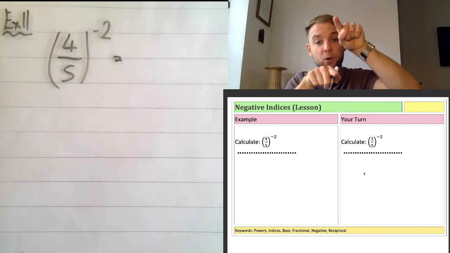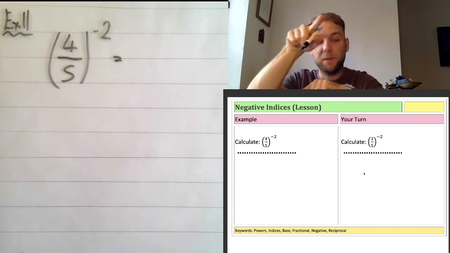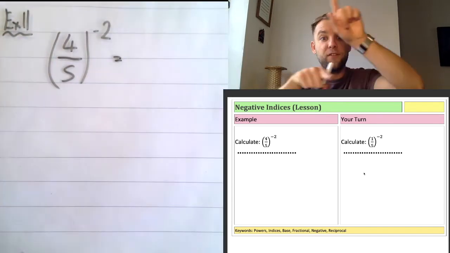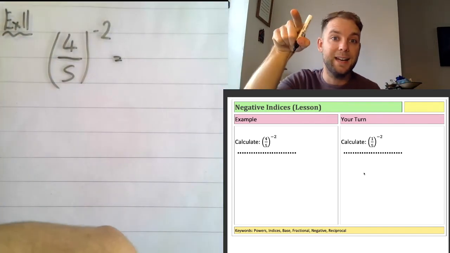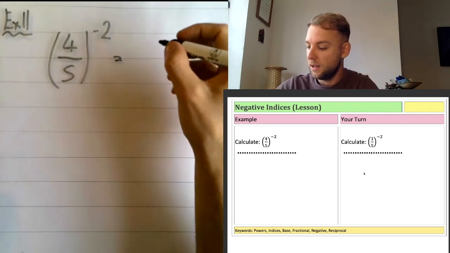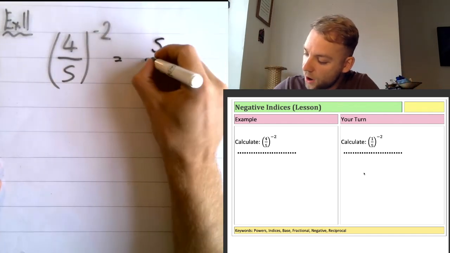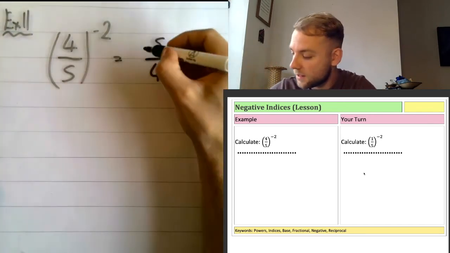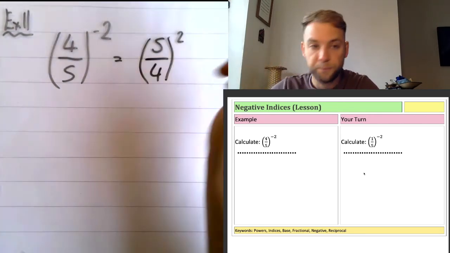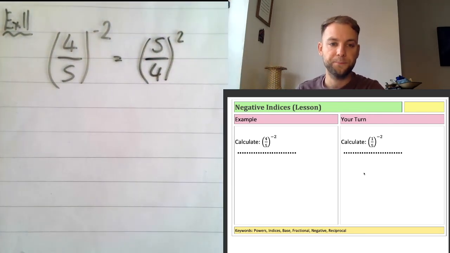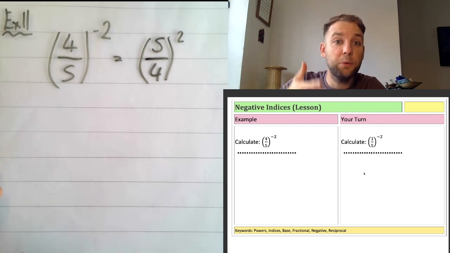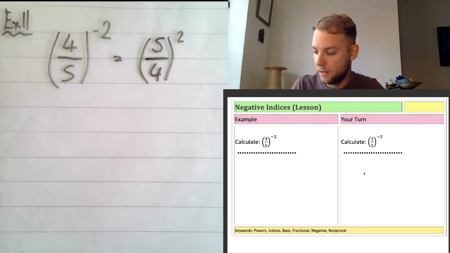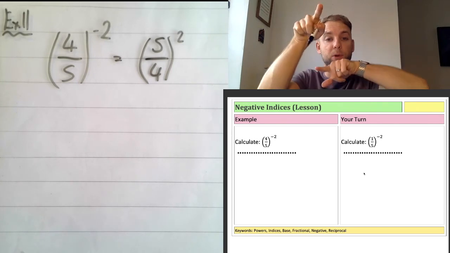So the first thing I do is flip the fraction and get rid of that negative. So this is going to be 5 over 4, flip, to the power of 2. And then I deal with the power of 2. It's very similar to what we were doing before. We do the reciprocal, then we do the power.